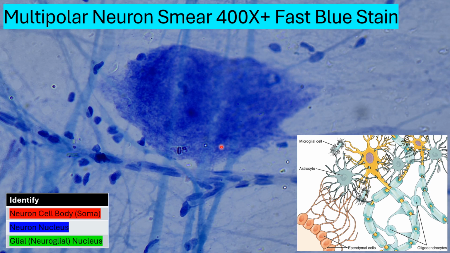So this is an interesting sample. We're looking at 400 power, but it's been cropped, so we're technically looking a bit closer. This sample is central nervous tissue and it's been smeared across the slide to give us this relatively thin and stringy looking sample. So this is a fast blue stain in which the myelin fibers appear light blue and the soma and nuclei appear a bit darker. You can appreciate that some of the fibers are a bit smaller in a different color.